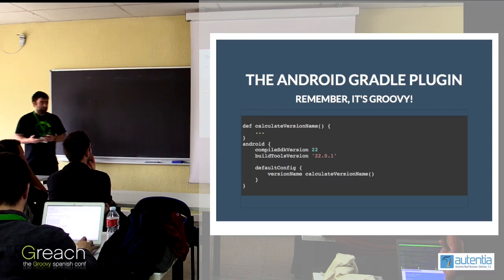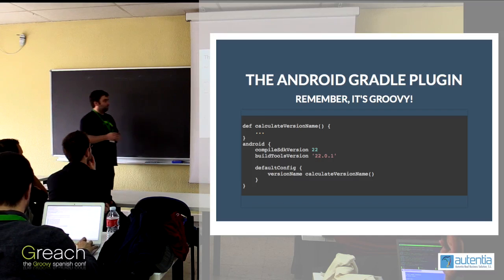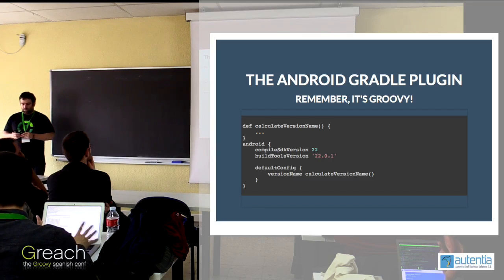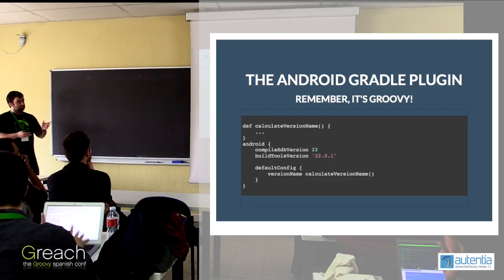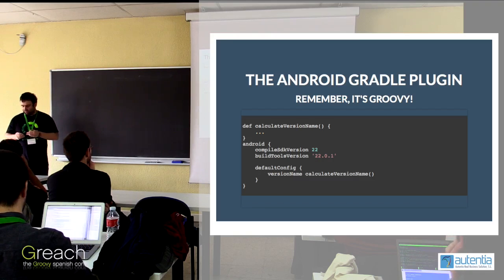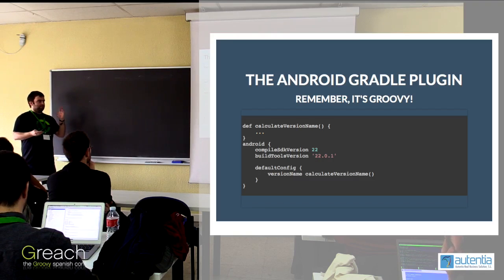And always keep in mind that it's Groovy, so instead of having a fixed string for version name, you can always add your own logic to it. The implementation to calculate your version name can be as complex as you like, right?